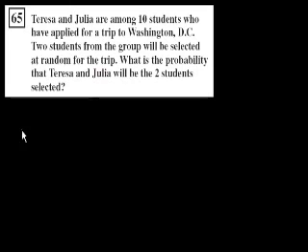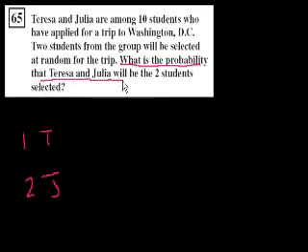All right, so let's think about student 1 selected and student 2 selected, right? What's the probability that Teresa is the first student, and then we get Julia, that Teresa is the first student selected and that Julia is the second? Well, let me take a step back. There's 2 ways that what they want to happen could happen, right?